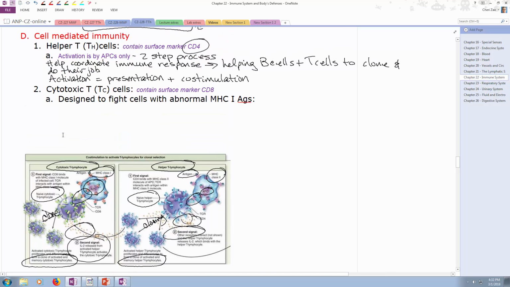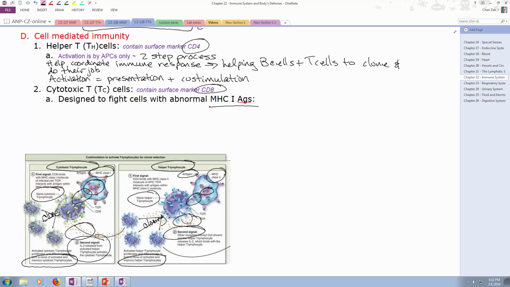Let's go and add some notes to the cytotoxic T cell. We know it contains a surface marker CD8. It is designed to fight cells with abnormal MHC1 antigens. It will not fight an APC. It will fight cells with an MHC1 that has got the abnormal antigen on it.